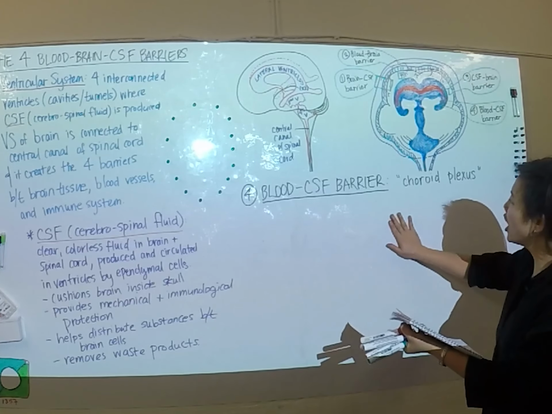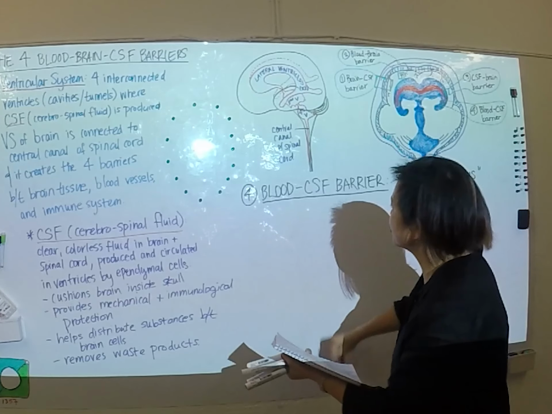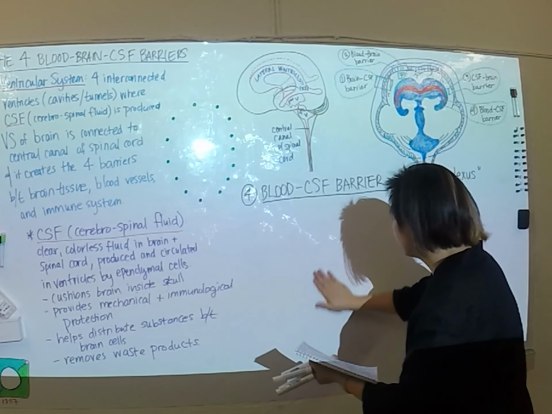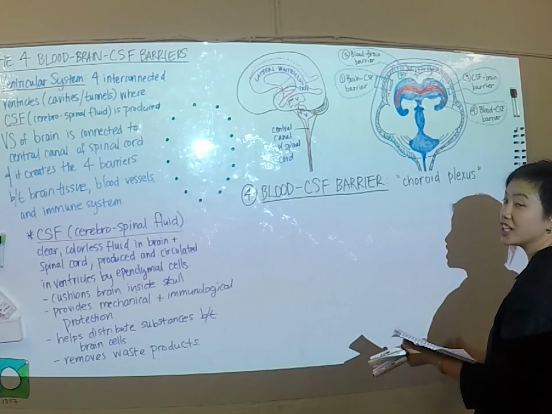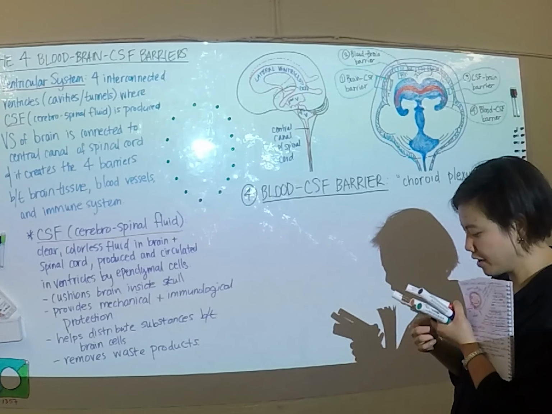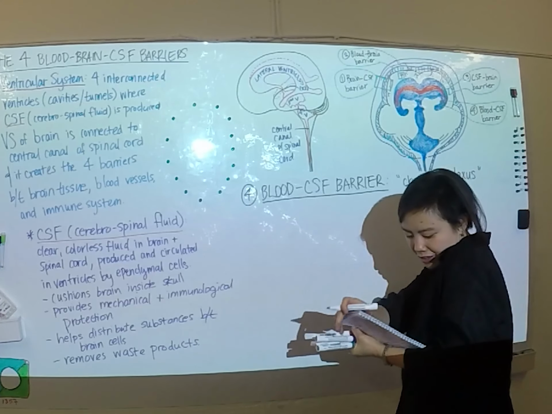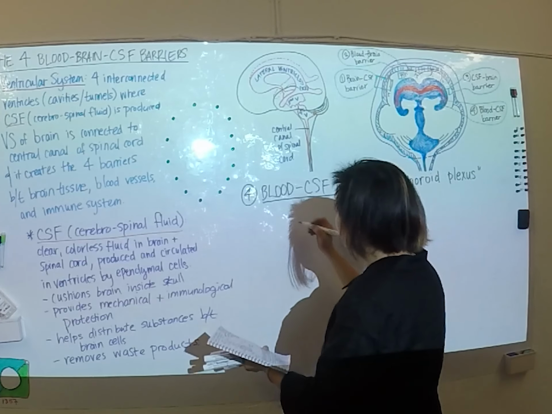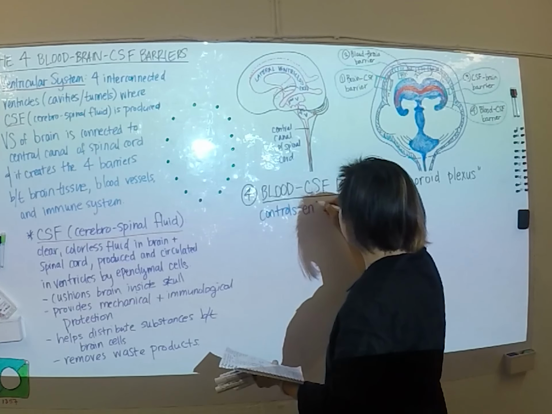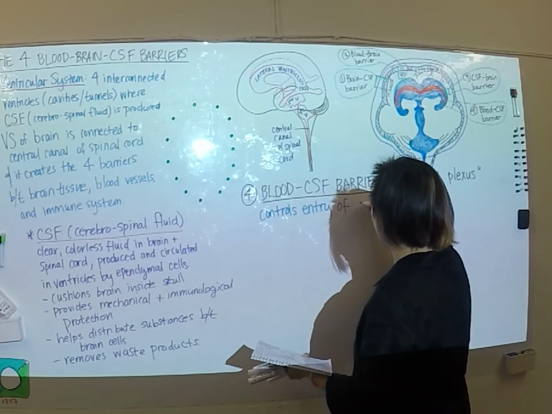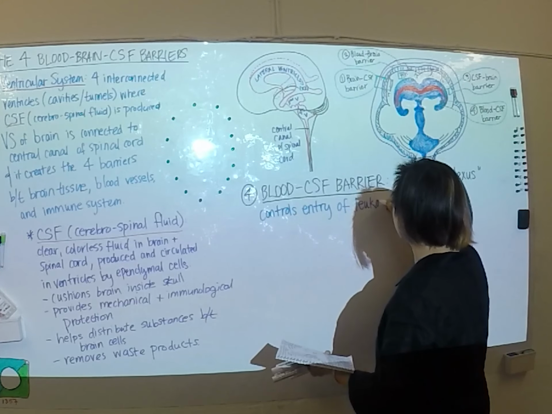So, what does this barrier do? It is, generally speaking, the closest connection to the immune system, okay? So, this barrier controls the entry of leukocytes.